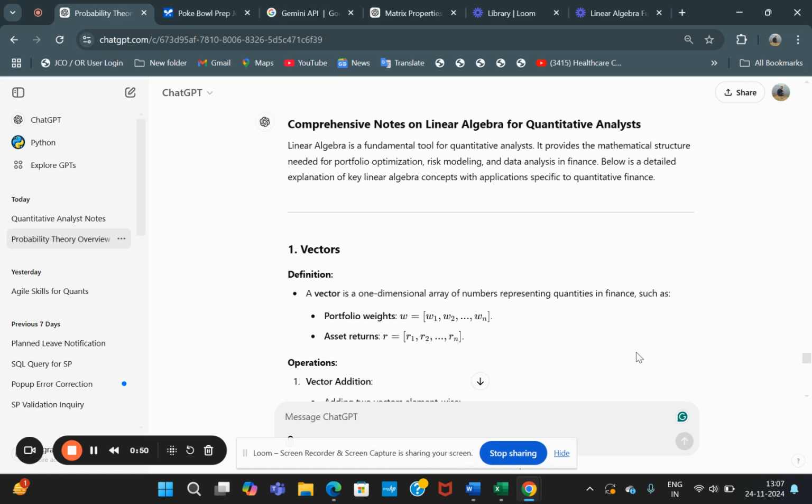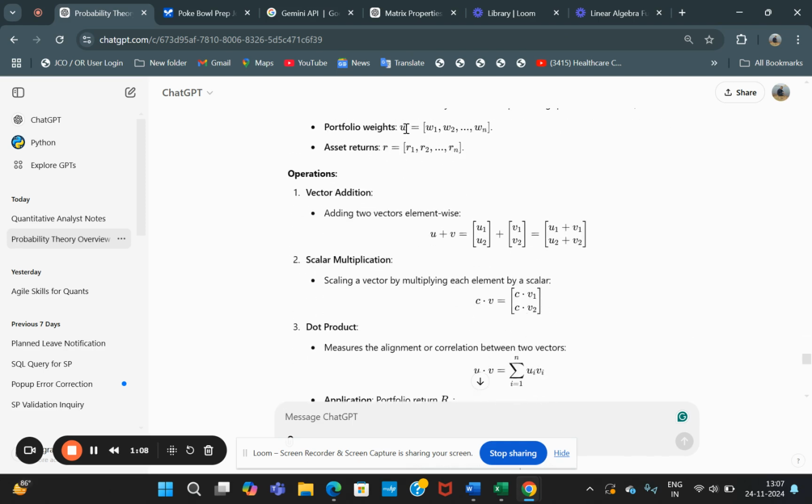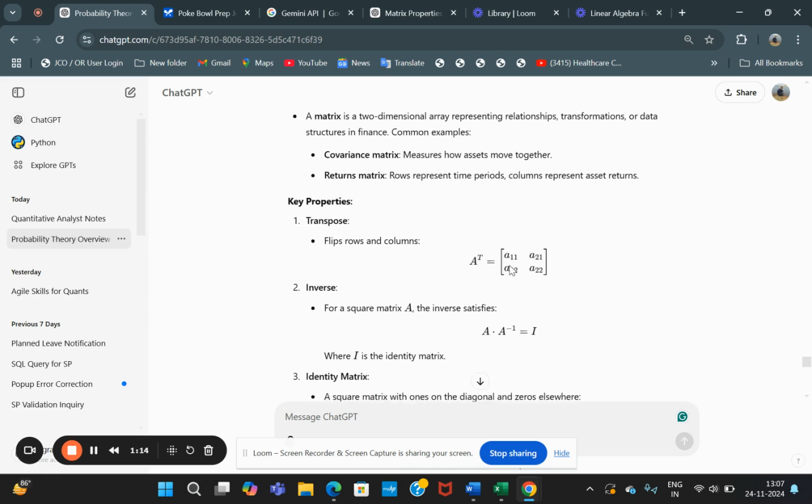So let's first start with vectors. What is the definition of a vector? A vector is a one-dimensional array of numbers representing quantities in finance. There is a slight difference between vectors and matrices. You can see on my screen, this is a vector, a one-dimensional array, and matrices are two or more dimensional arrays.